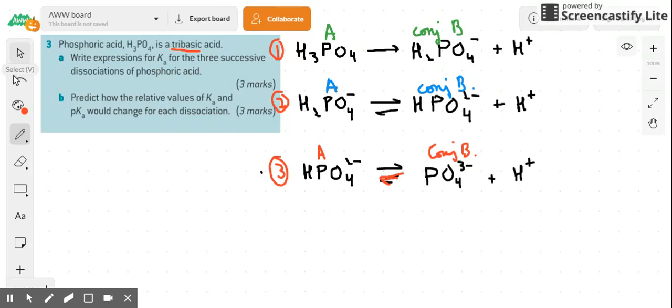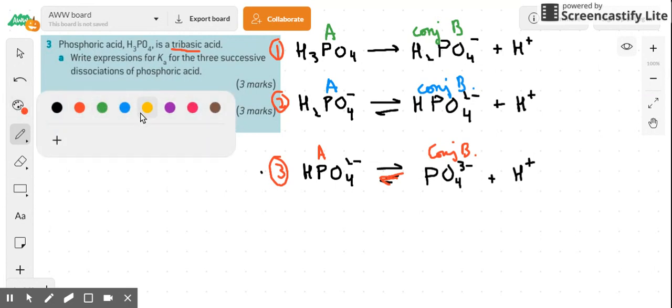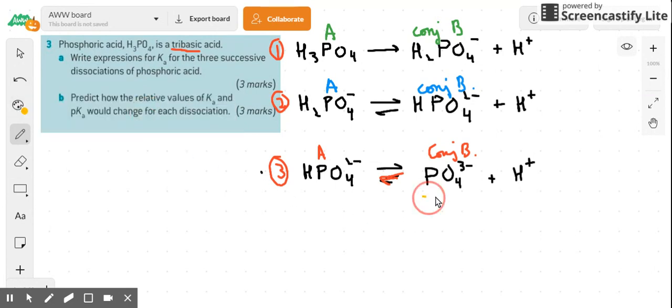So if you think about, let's say, the phosphate ion as a base, and you compare it to H2PO4 minus, then what you will see is that in here we have a 3 minus negative charge compared to only a 1 minus negative charge. So phosphate, PO4 3 minus, is going to attract the protons much more strongly than H2PO4 minus.